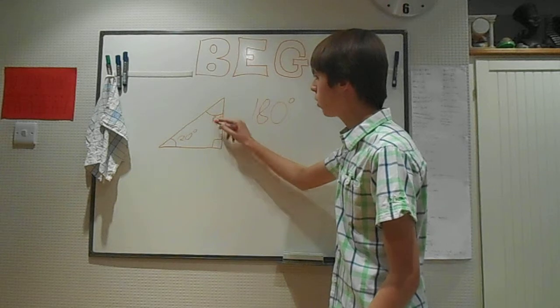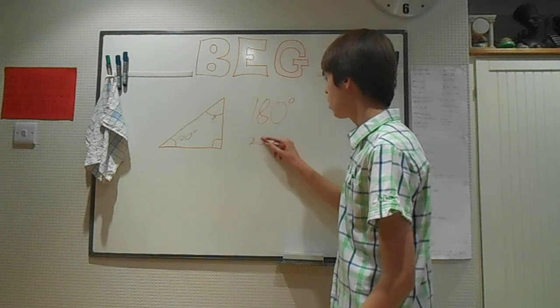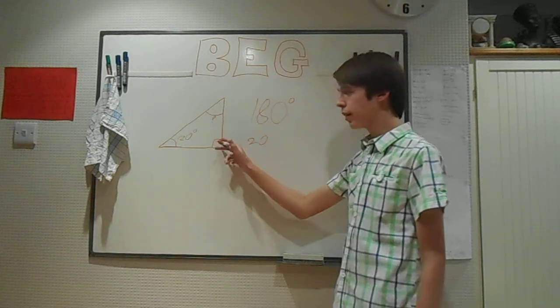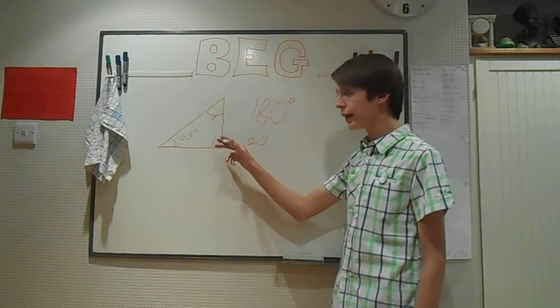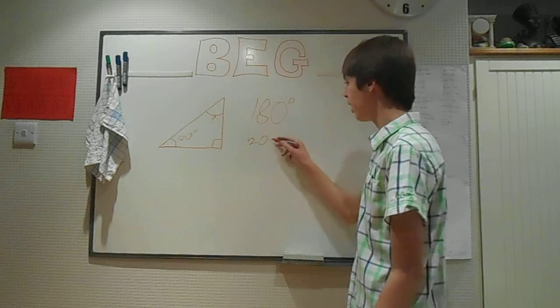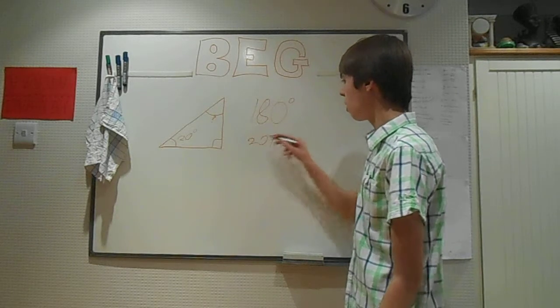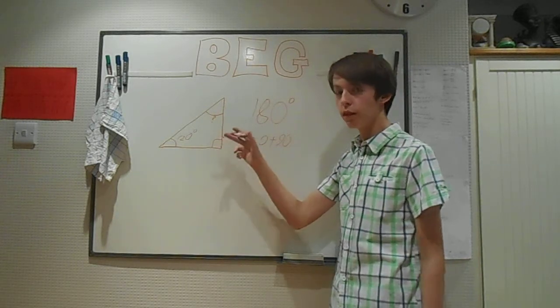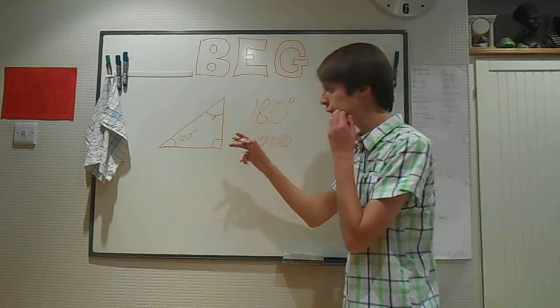So put a question mark there. This box here means a right angle. Right angle triangle simply means that it's 90 degrees. A right angle is a quarter of a circle, and that's 90 degrees.